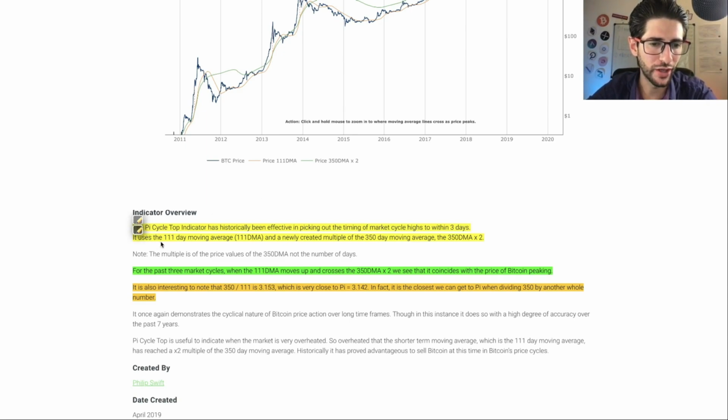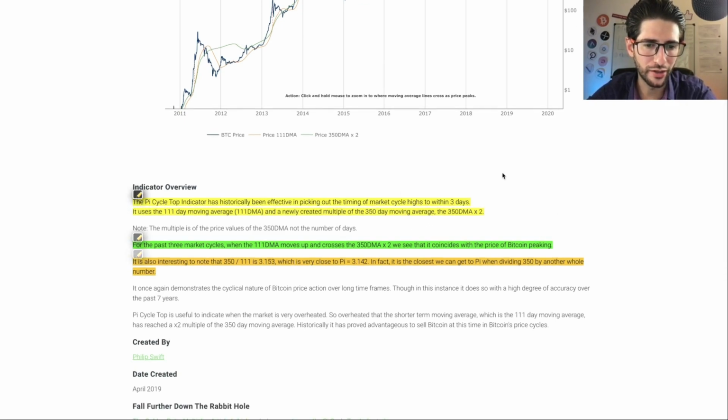It uses the 111-day moving average and a newly created multiple of the 350-day moving average. For the past 3 market cycles, when the 111 DMA moves up and crosses the 350 DMA x2, we see that it coincides with the price of Bitcoin peaking.